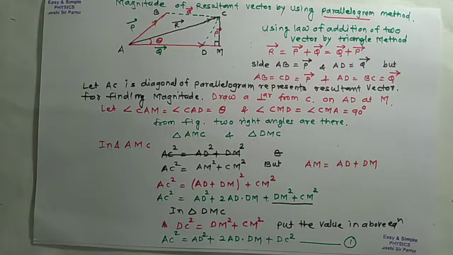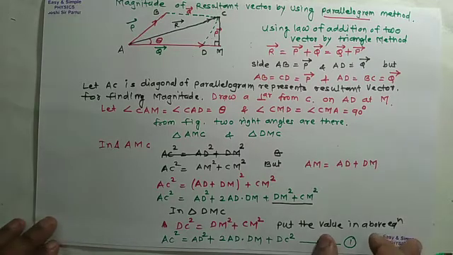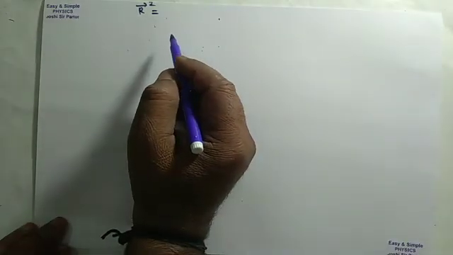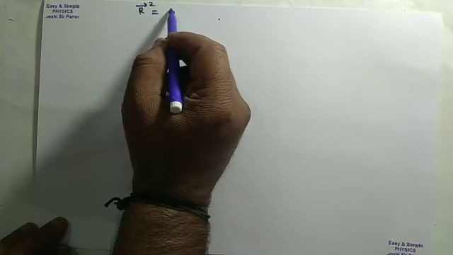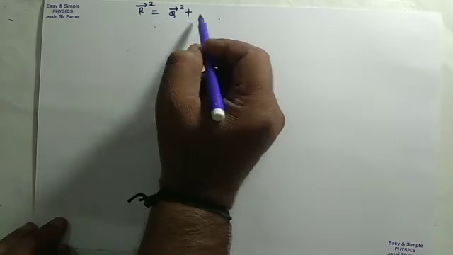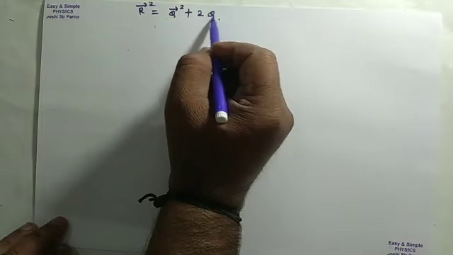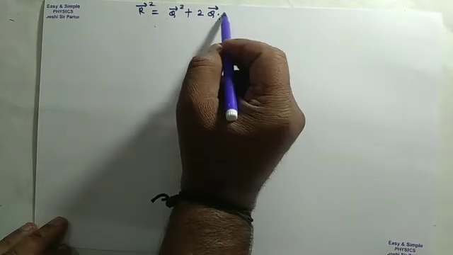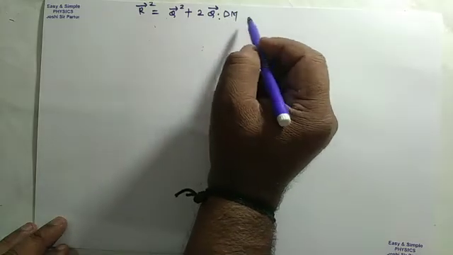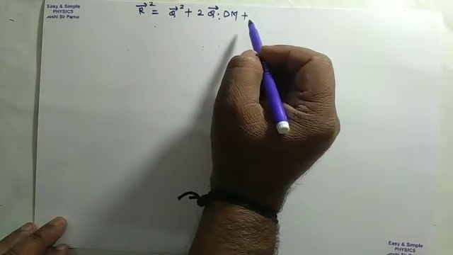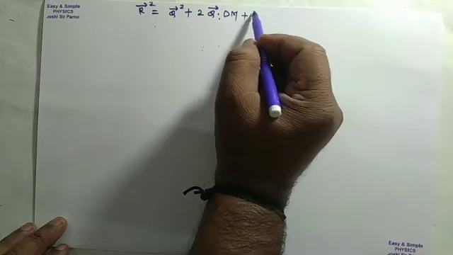Here, if we substitute the values of the sides, AC represented as vector R, we get vector R square is equal to AD represented as vector Q square plus 2 times vector Q into DM plus vector P square.